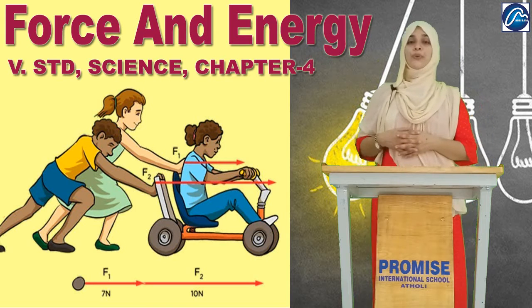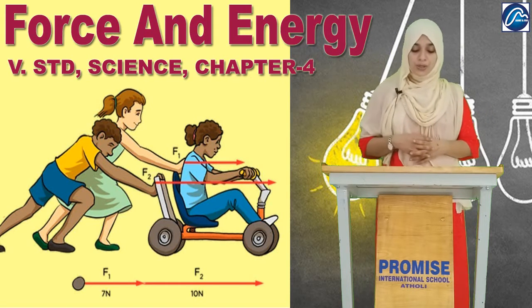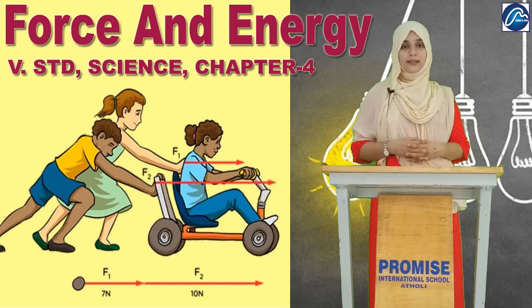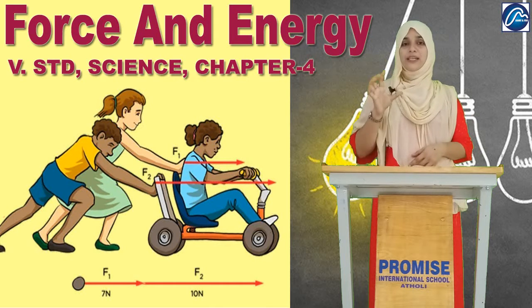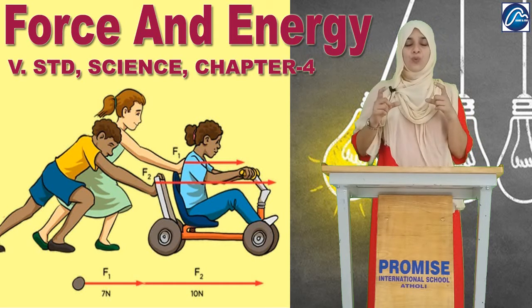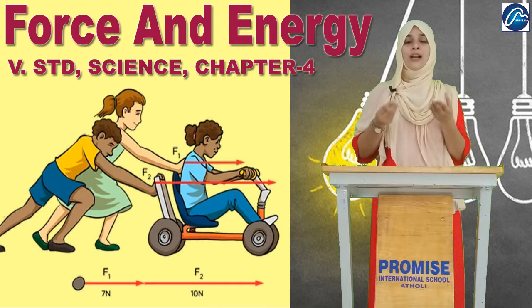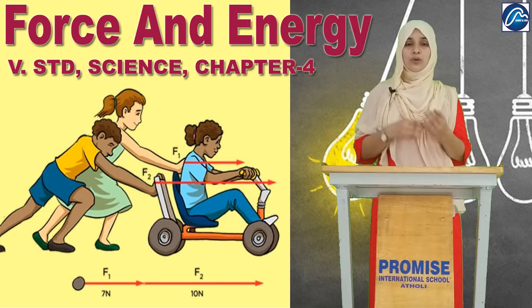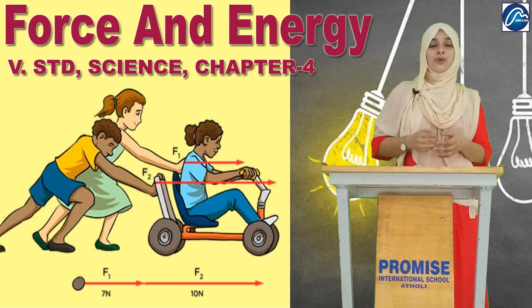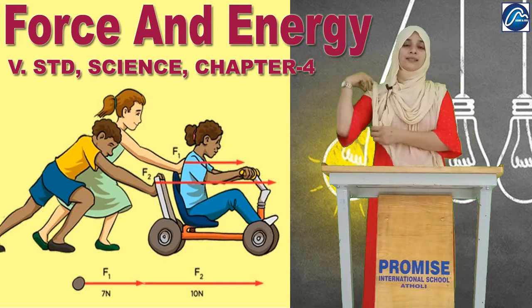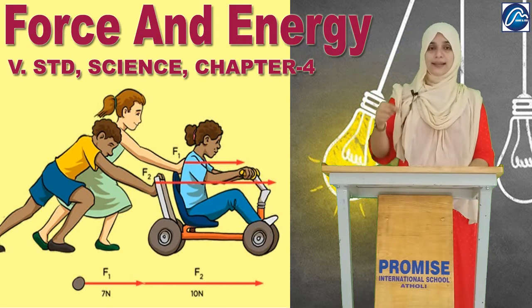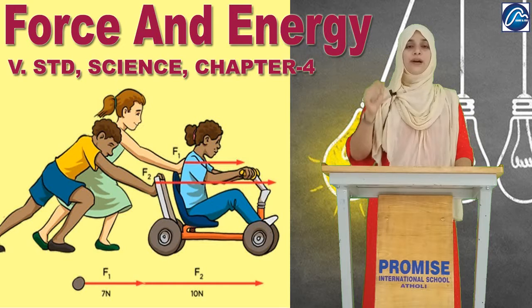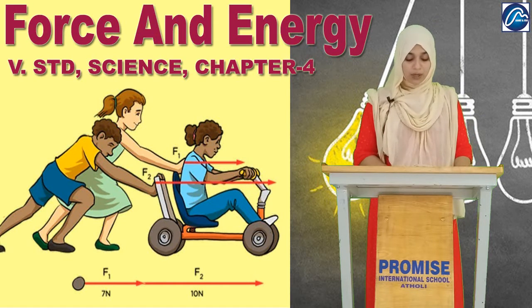Then screw. Screw is a simple machine used to hold things together with the help of a nail or a screw. What will hold the things together more tightly? Screw. Why? Because it has a groove and it helps us to hold things more tightly.